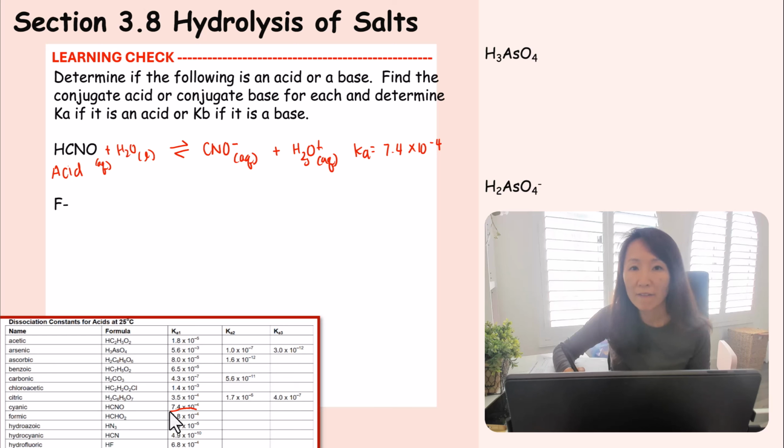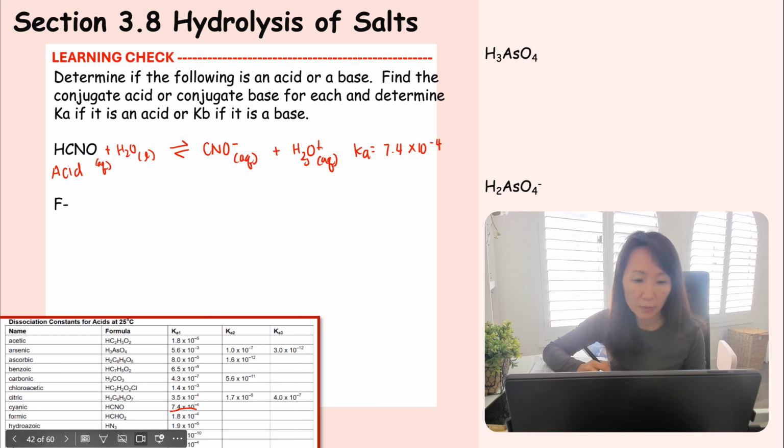Okay. What about F minus? F minus, you probably won't see it in this table. In fact, you might see the HF on the very bottom there, right here. There's a pen mark over there, but there is an HF on the very bottom, but you won't see F minus.